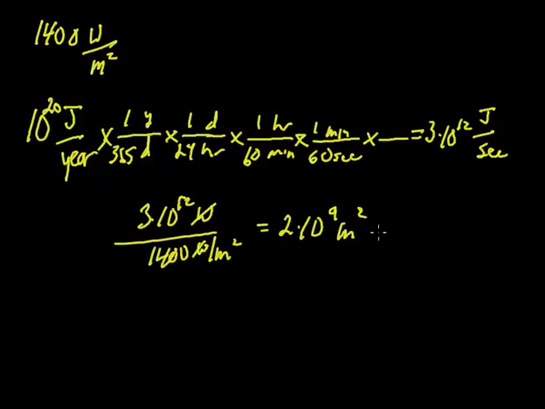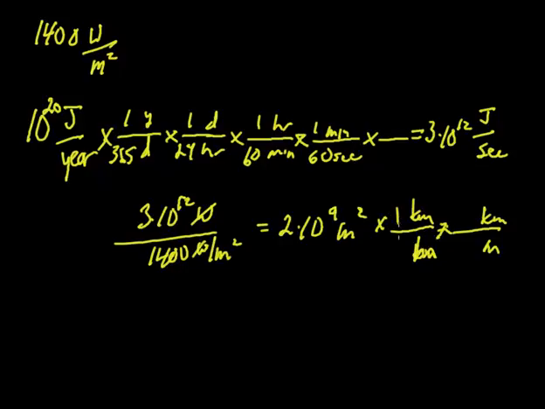Notice that this is the same as, let's say, if I want to convert this to kilometers squared. That means meters on the bottom, kilometer on the top, meter on the bottom, kilometer on the top, because I need to cancel the meters here.